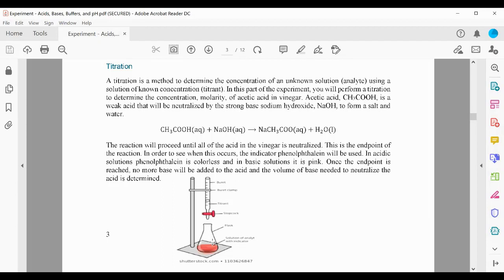We can check it with a pH meter or with an indicator. In our case, we are going to use an indicator, phenolphthalein. And then at the equivalence point, we slowly add until the indicator changes color.